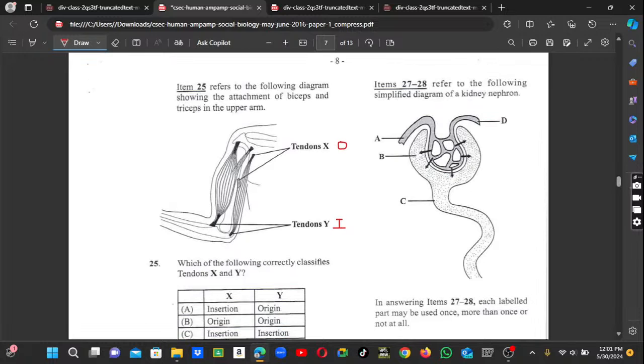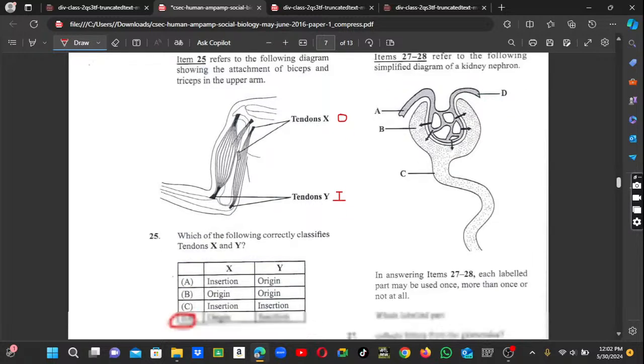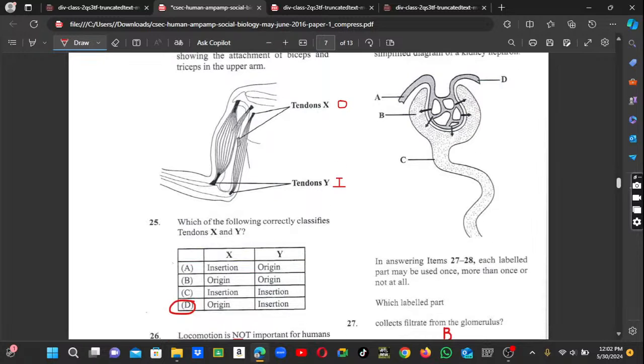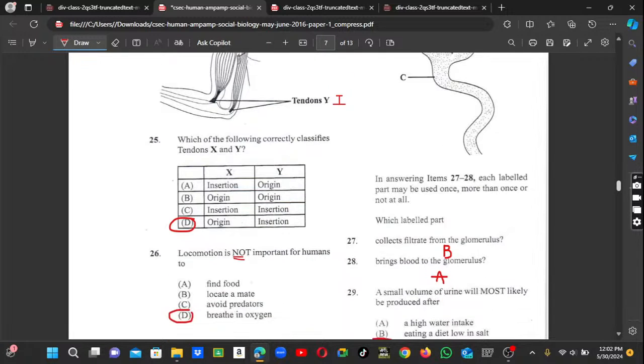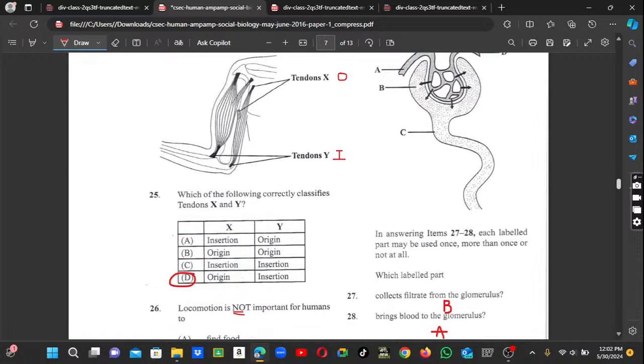So this is a diagram of a kidney nephron, right? So we have A, B, C labeled to D. It says in answering, we may present the answer more than one or none at all. So here we just need to label. So we are talking about the collection of the filtrate from the glomerulus, right? So therefore we are talking about item B here.